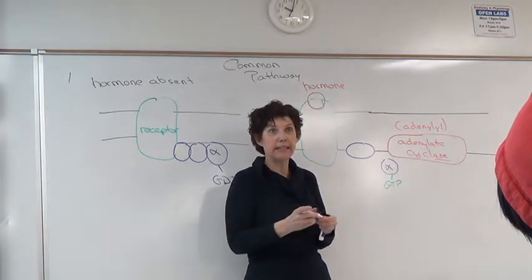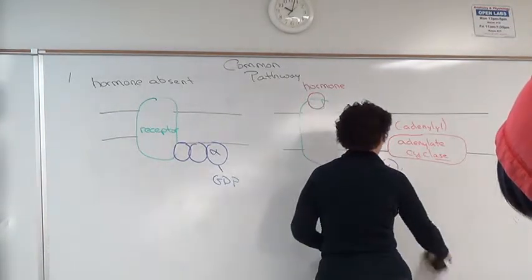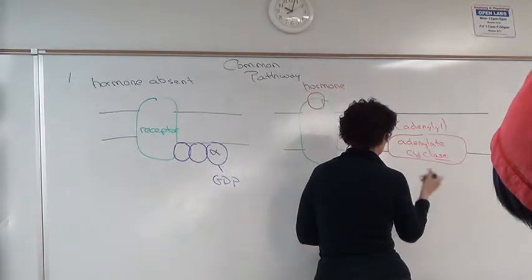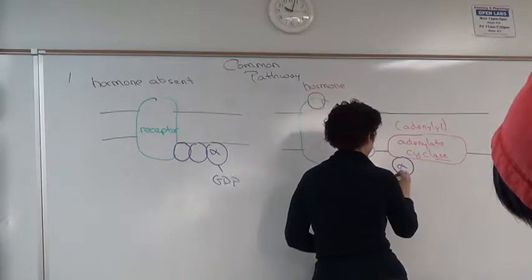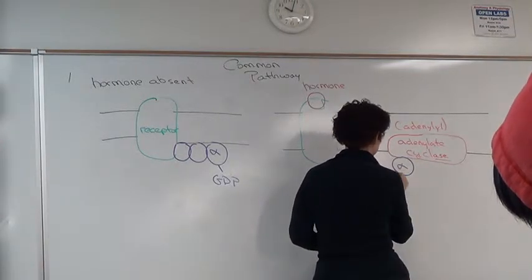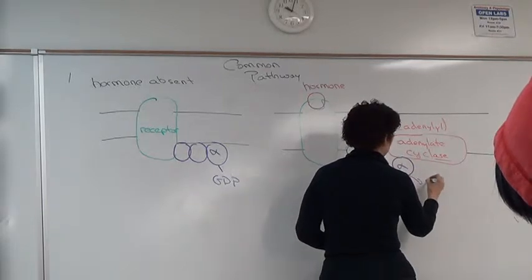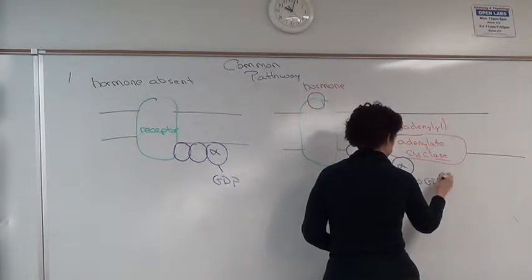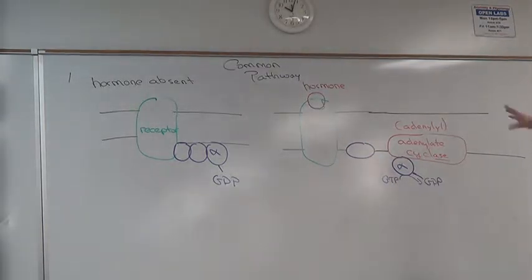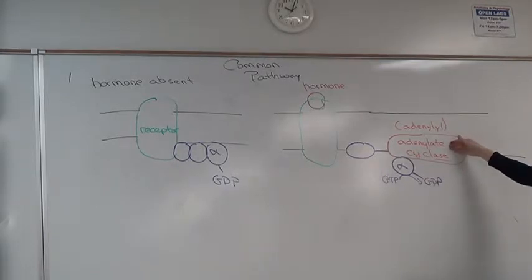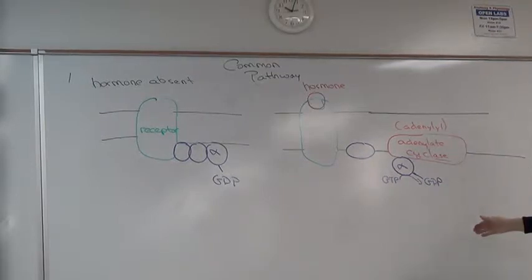It's not going to work as an enzyme until our alpha subunit attaches to it, and the GTP gives off an energy form, and what remains is GDP. All right, now this is an active enzyme. Once the alpha subunit is activated, it provides its energy to the adenylate cyclase, and now it's active.